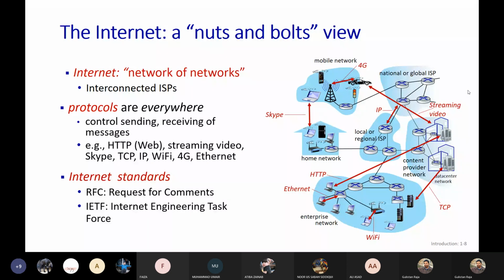Why? Because suppose that you have a television in your home. Now, televisions are manufactured. Suppose that there are no standards. What will happen? Let's say that you have gone abroad and purchased a television.